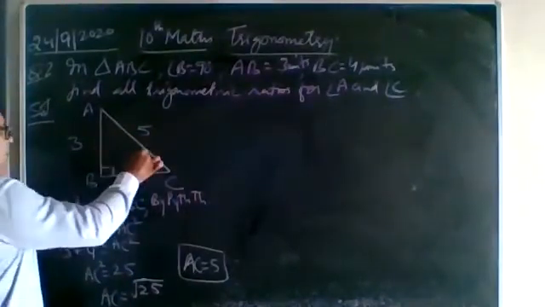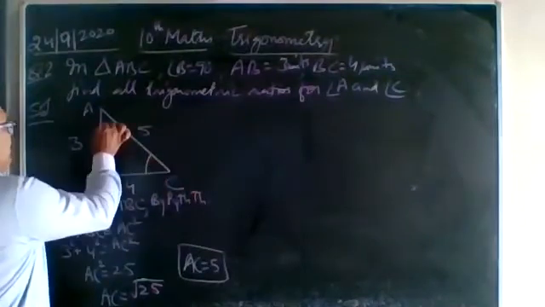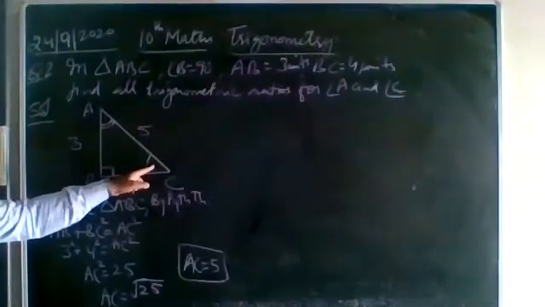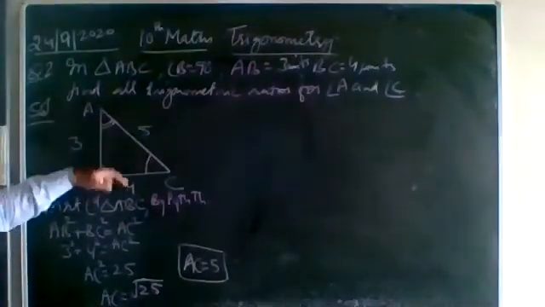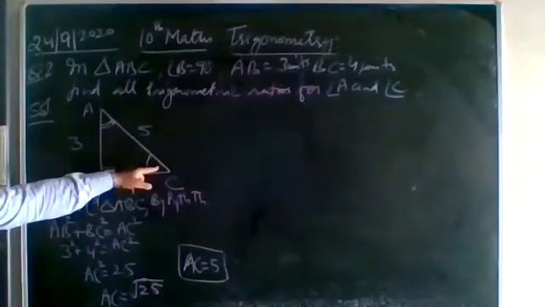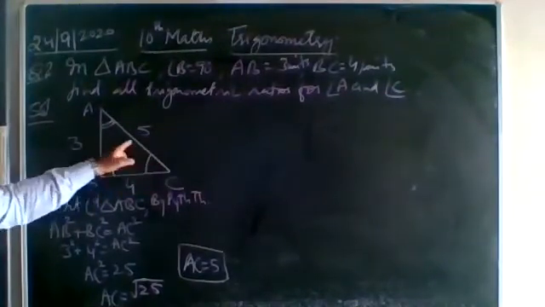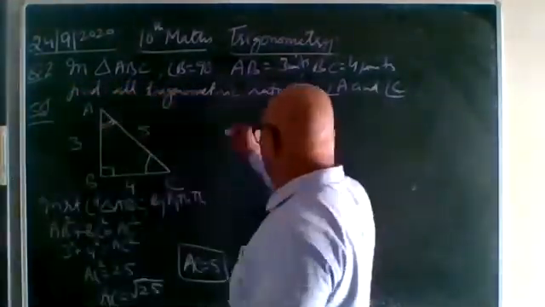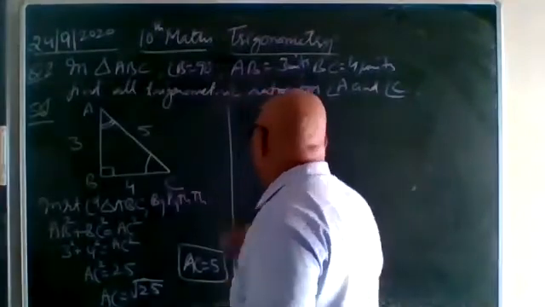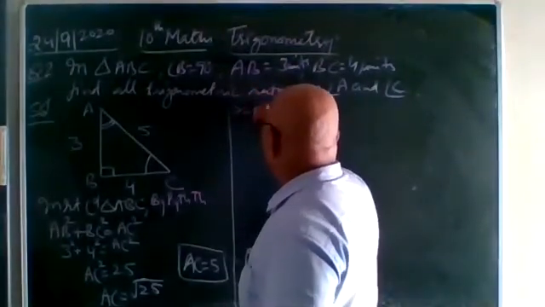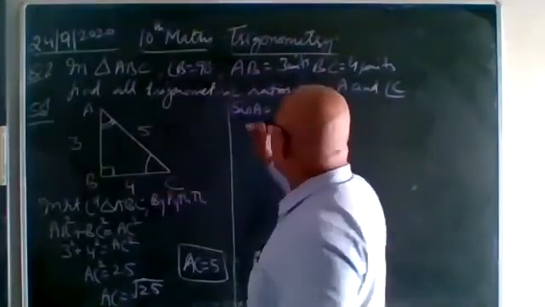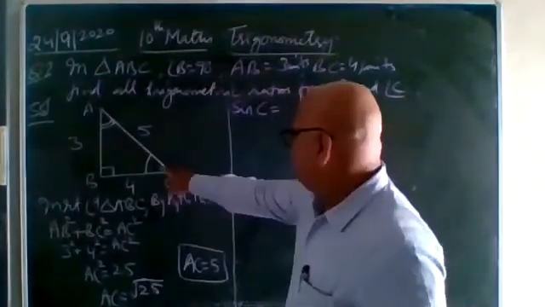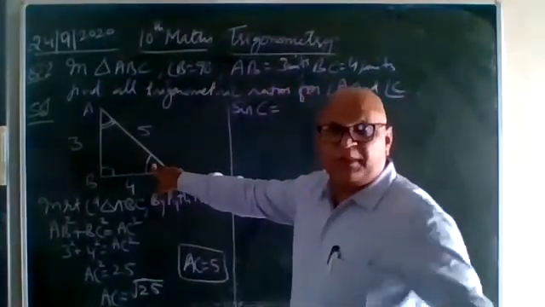Now you have to find out trigonometric ratios for this angle and for this angle. I have marked them here, so that first I find the 6 ratios for C and second the 6 ratios for A. See how I will find sine C. This angle.